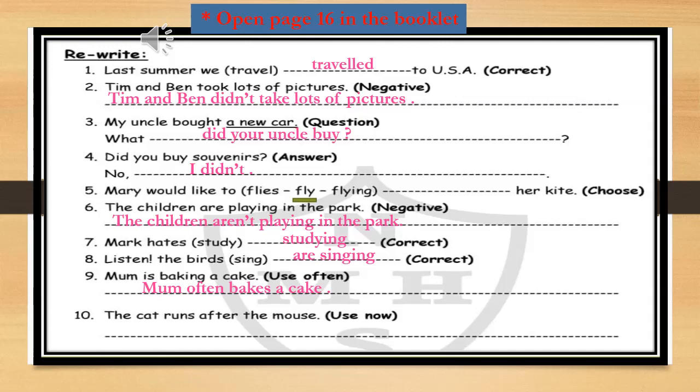Number 10. The cat runs after the mouse. Use now. I'm asking you to put the verb in the present continuous tense. What is the present continuous? Am or is or are plus ing. So it will be the cat is running after the mouse now.